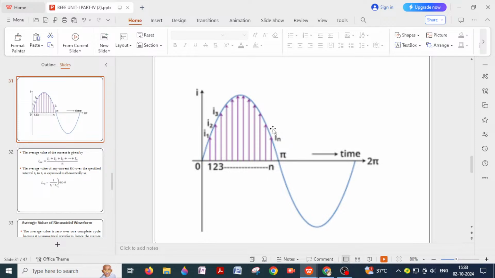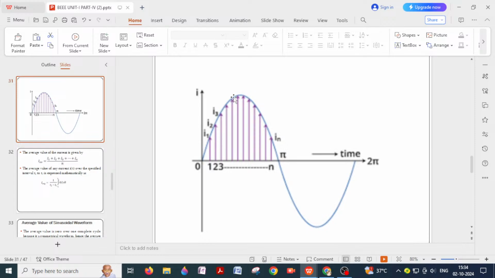So we have divided this half cycle into n parts, and at each part the instantaneous current, at that particular instant, has been given a notation. Of course, not all the notations are mentioned, only four here; in between it is understood.